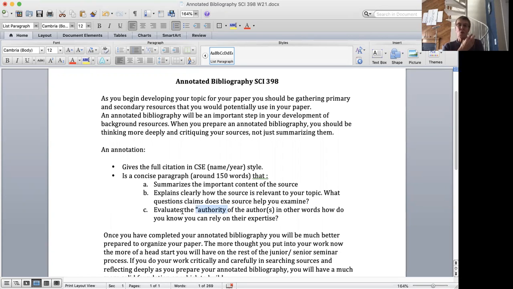You don't have to give all of this different information, but give me an indication that you have at least investigated the background of the author or authors to some extent, and that you have some belief that these are not just random authors.